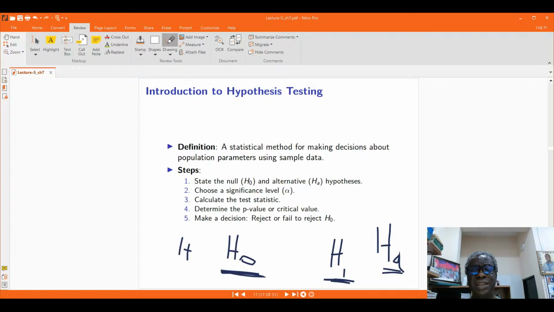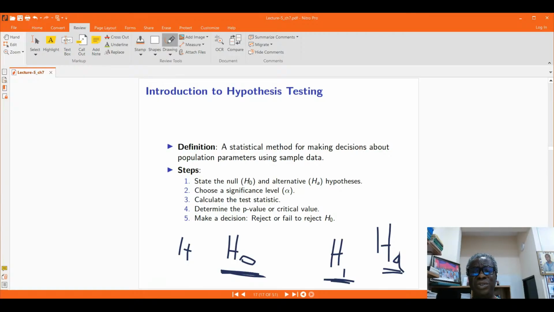And the fourth step is to determine the p-value or critical value. We will discuss the two in detail. Why do we need to determine these two values? You can choose one of them.